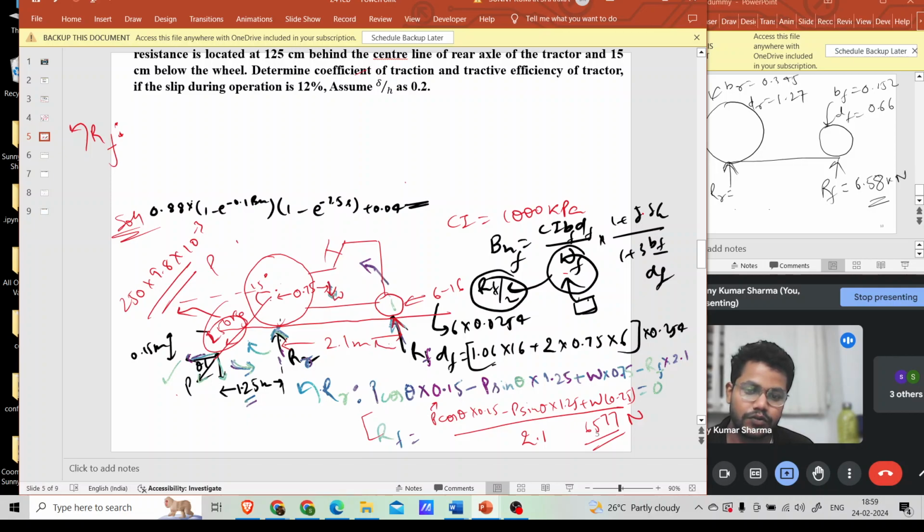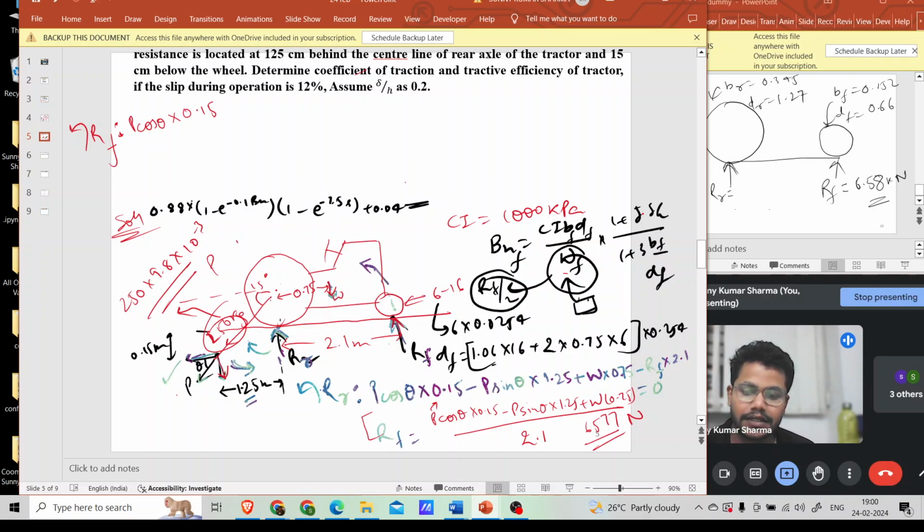So it will try to move this center in this direction. So it is clockwise, right? Again, you can take clockwise as positive. P cos theta is acting at a distance of 0.15 meter. Now, what about P sin theta?